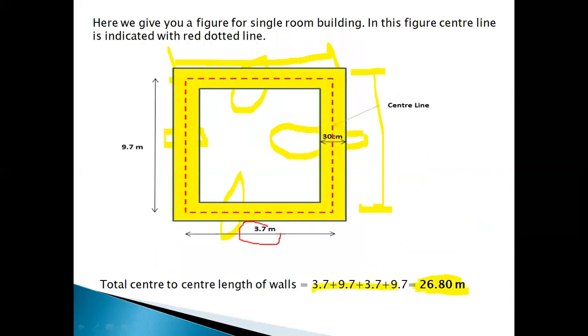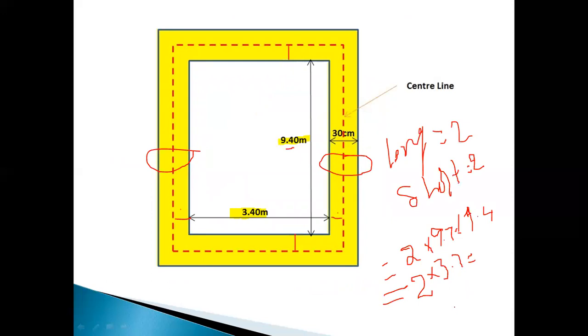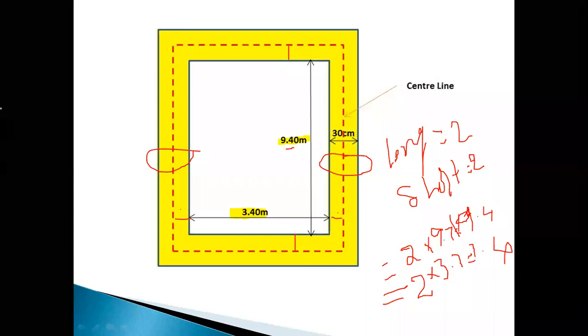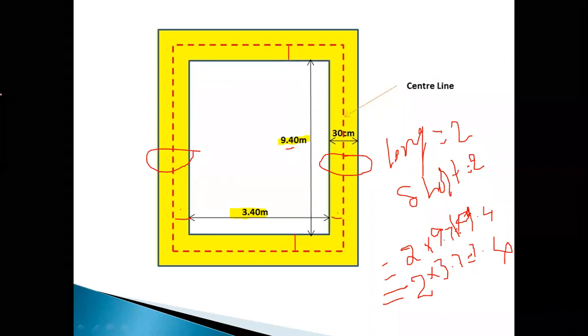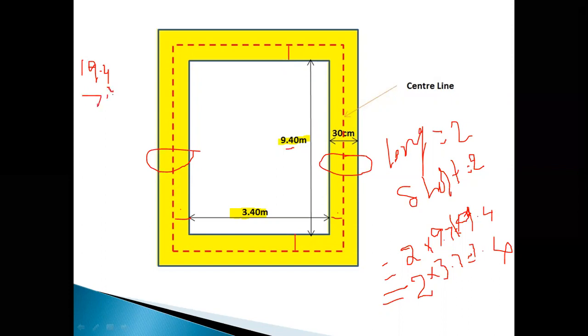So 3.7 into 2 equals 7.4. Then 19.4 plus 7.4 equals 26.8. So the total length is 26.8.